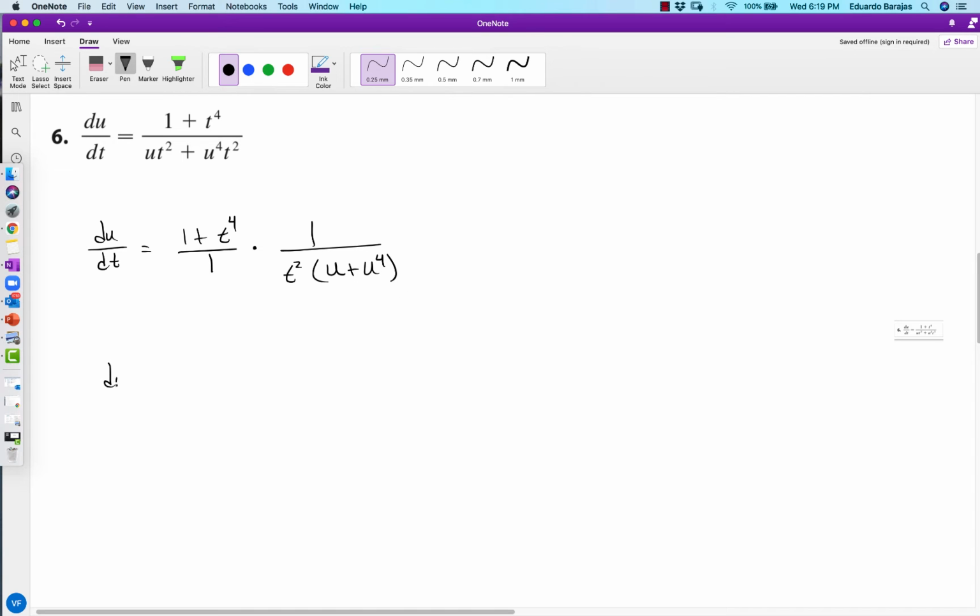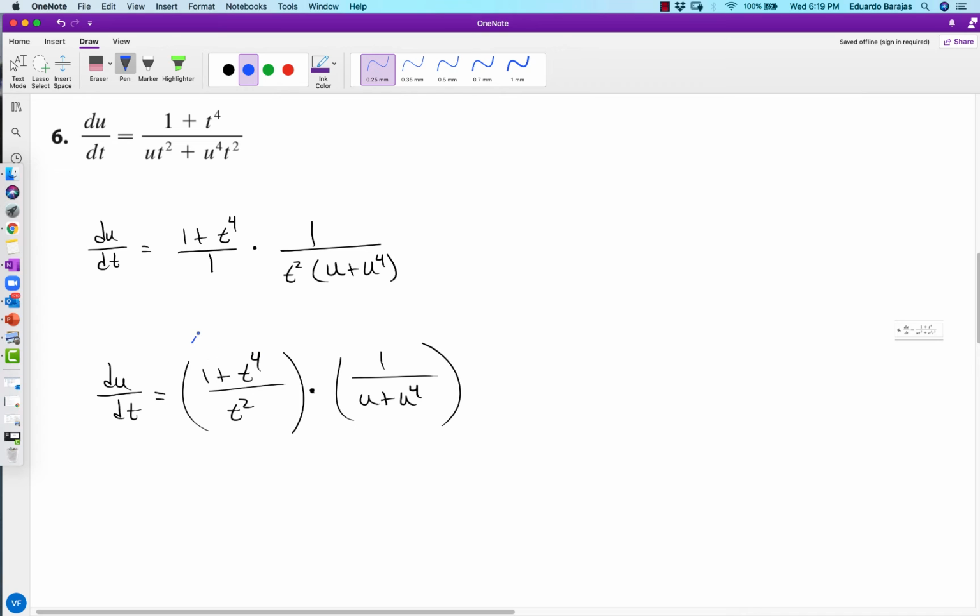And so du/dt can be rewritten as 1 plus t to the fourth power divided by t squared, times 1 over u plus u to the fourth power. Good. So here is a function of t, some f of t function, whereas this is some g of u function. Thus, we've satisfied the separable part of it, right?